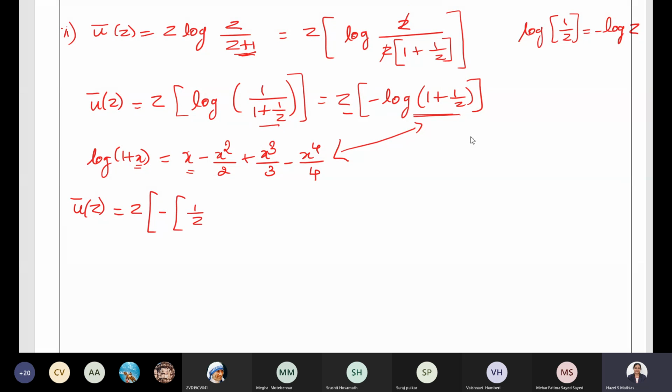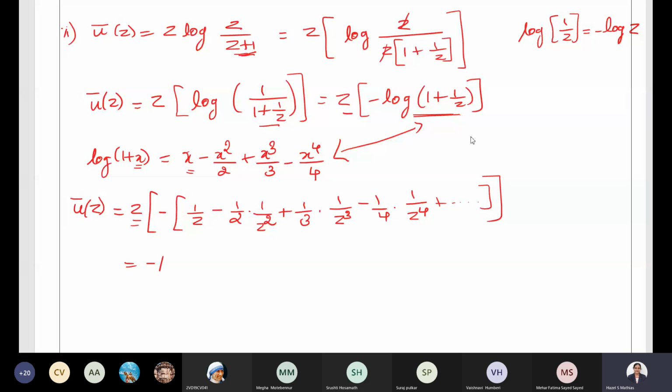So replace in this expression x by 1 by z. What happens then? 1 by z minus 1 by 2 into 1 by z square, because x is 1 by z, plus 1 by 3 into 1 by z cube, minus 1 by 4 into 1 by z power 4. X power 4 only, divided by 4, which is nothing but 1 by 4 z power 4. Now what happens here? This is quite similar, an infinite series, plus etc. You have to multiply by z, with the negative sign everywhere. Here z gets cancelled, minus 1 remains.